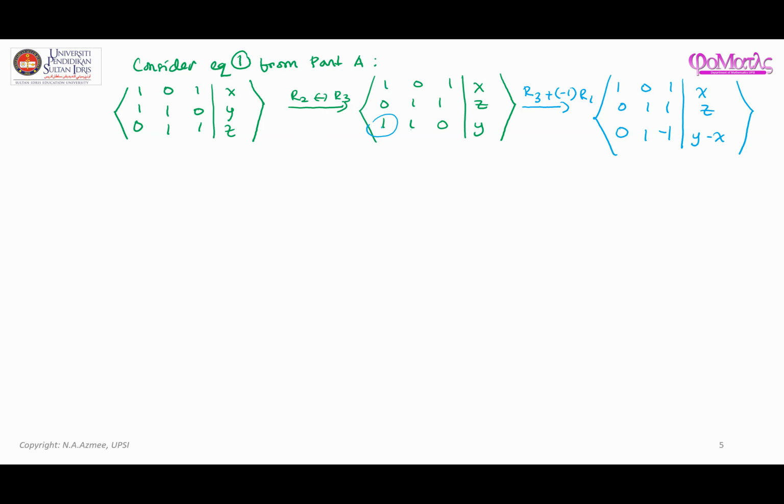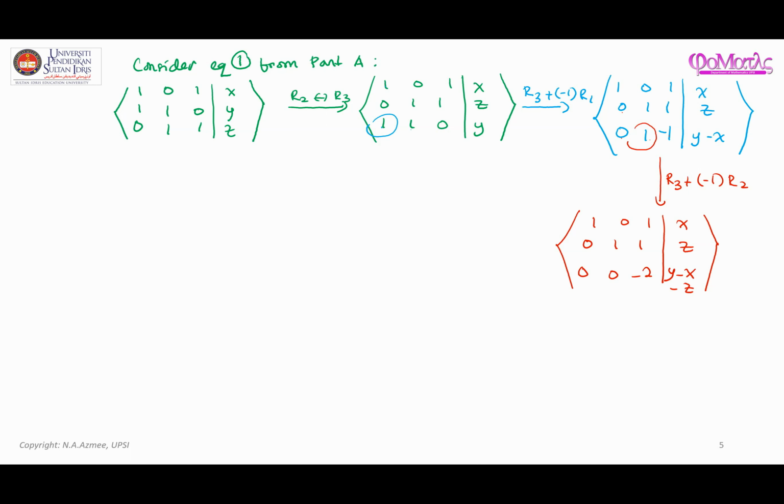Now based on this, I can consider turning this value into 0, and that can be achieved if I consider the process r3 plus negative 1 r2, and therefore I will get this result: 0 1 1 z. So 0 minus 0 is 0, 1 minus 1 is 0, negative 1 minus 1 is negative 2, y minus x minus z.